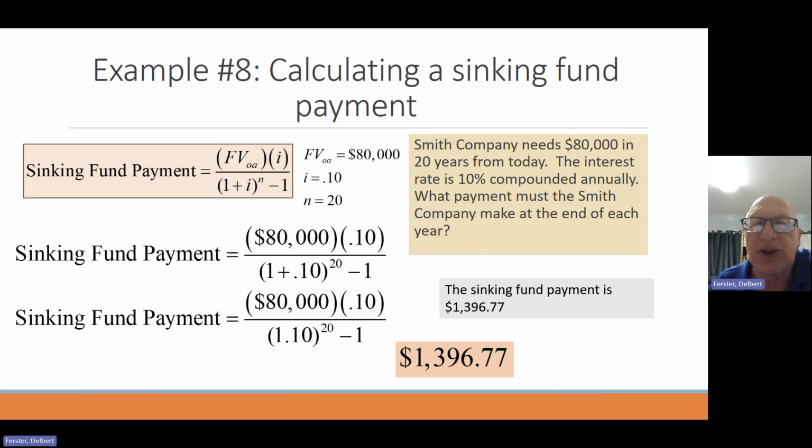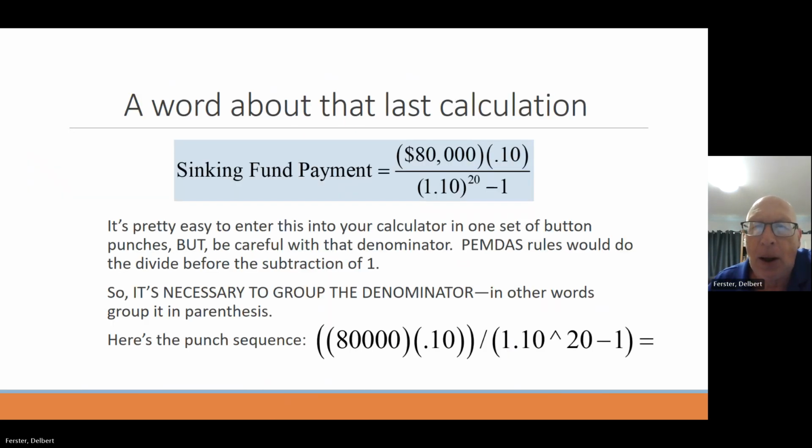So that's a sinking fund set up for us as example number 8. Okay, again, if you got intimidated by that calculation, the thing that's most significant on that problem is that your denominator be grouped. If you want a punch sequence, there it is. Again, for safety's sake, I tend to group the numerator, and I also tend to group the denominator. And that just makes me sleep better at night.